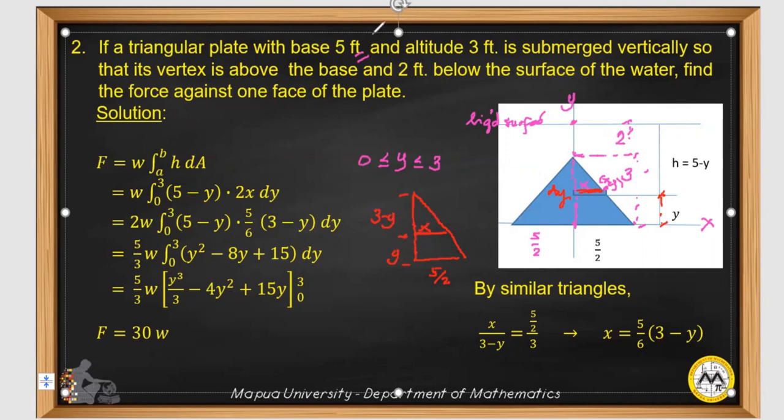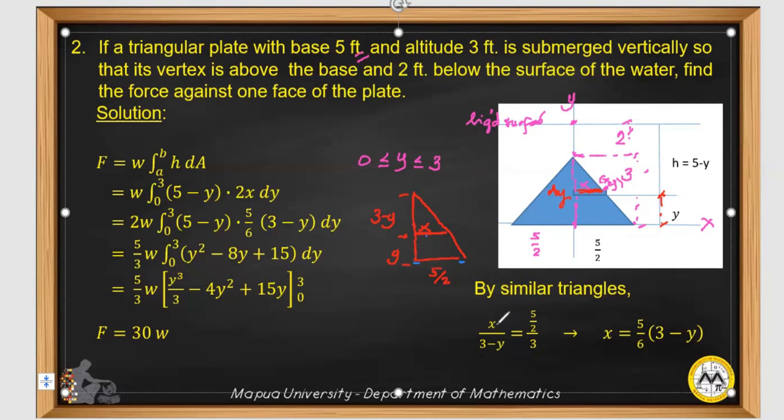And if we do ratio and proportion, take note that we have a small triangle here, and it is proportional to the big right triangle. So by ratio and proportion, the base of the small triangle is to the altitude, so x is to 3 minus y, as the base of the big right triangle, which is 5 over 2, is to its height, which is equal to 3.